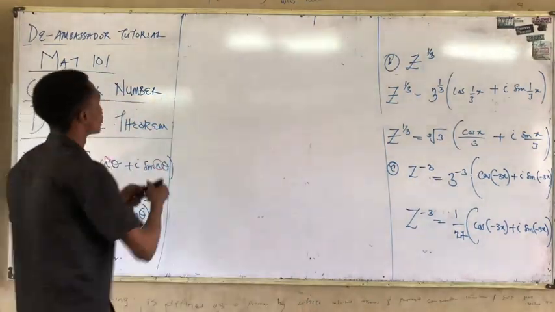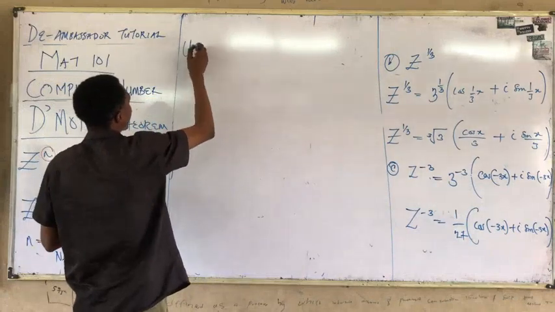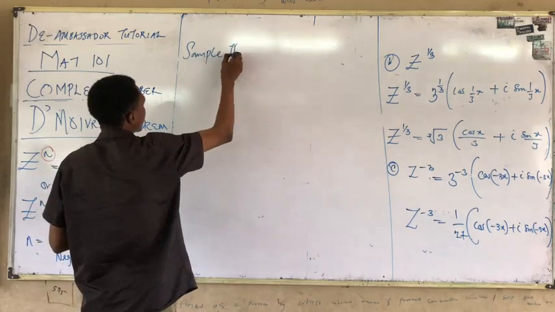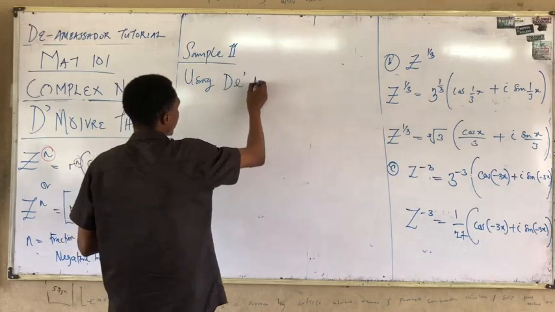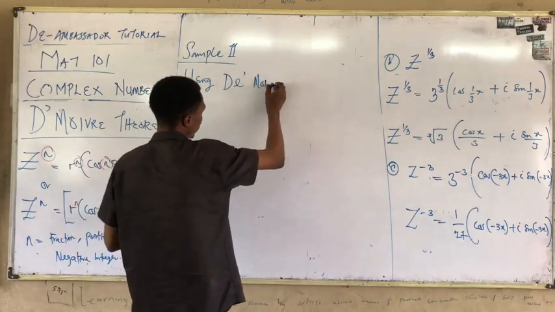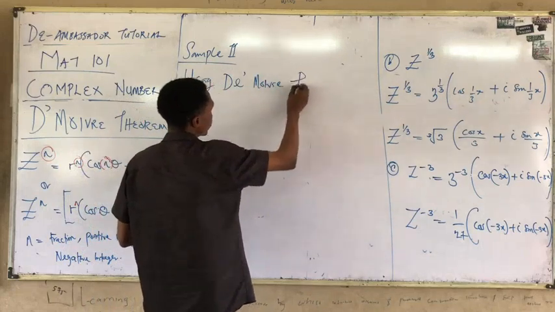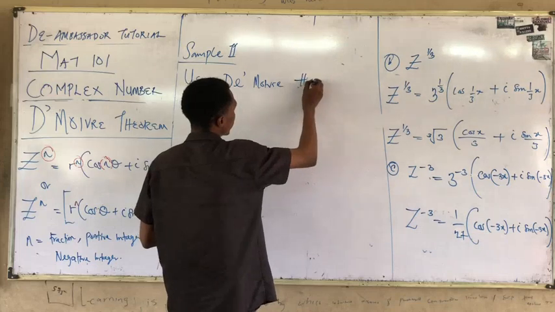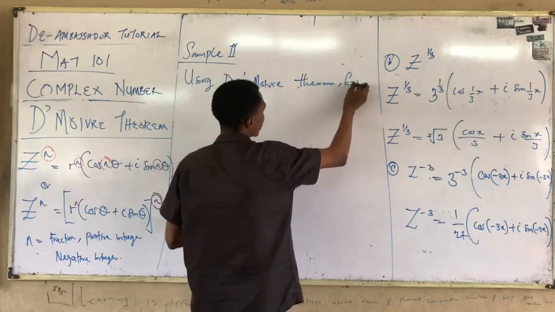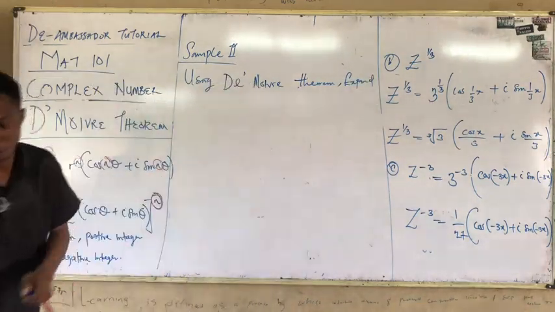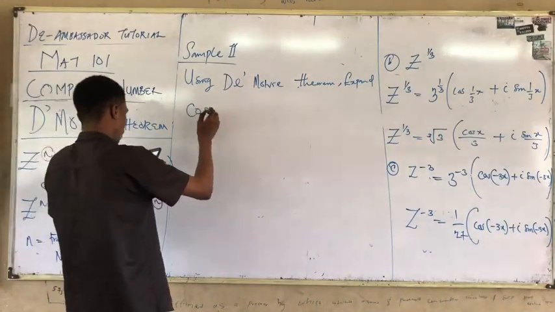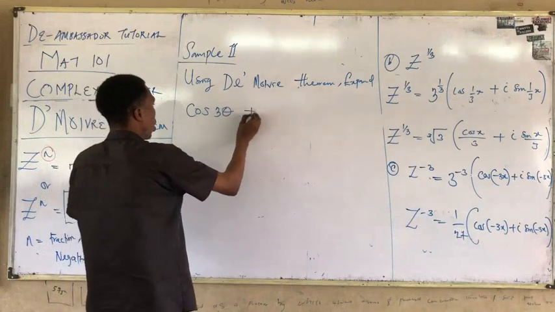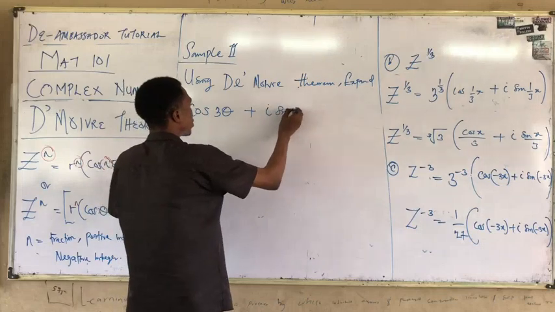Using the Moivre's theorem, sample 2. Expand cos 3 theta plus I sine 3 theta.